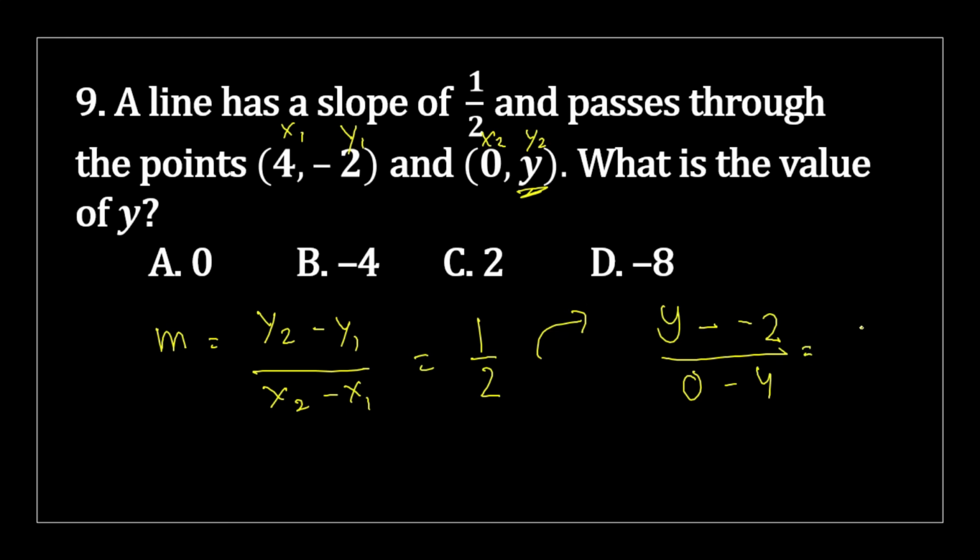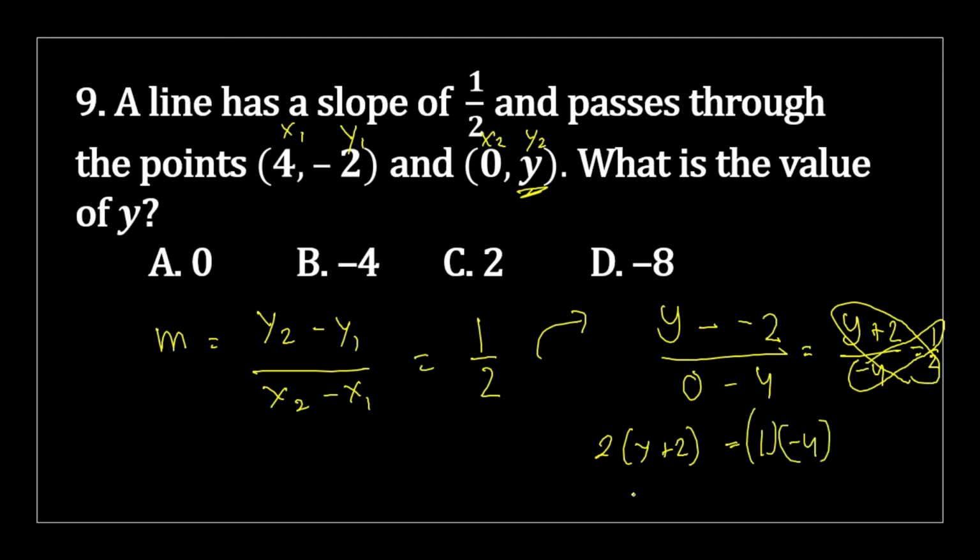If we simplify this, that is y plus 2 over negative 4, and this is equal to 1 half. Now let's cross multiply. So 2 multiplied by y plus 2 is equal to 1 multiplied by negative 4. And that will be 2y plus 4 is equal to negative 4.